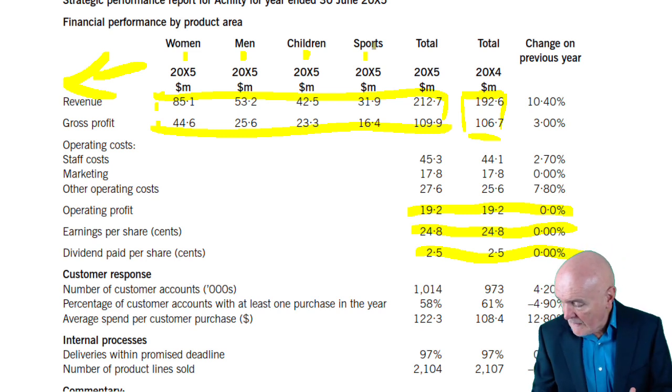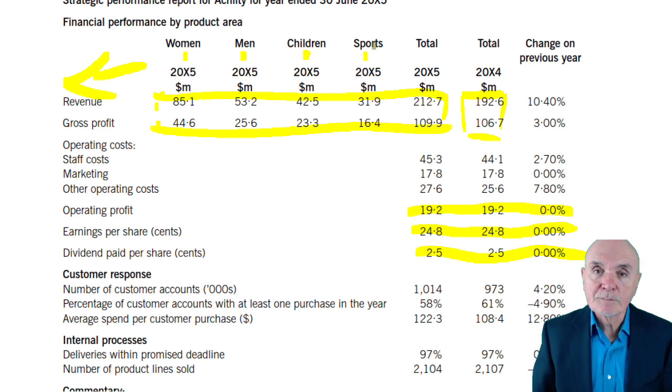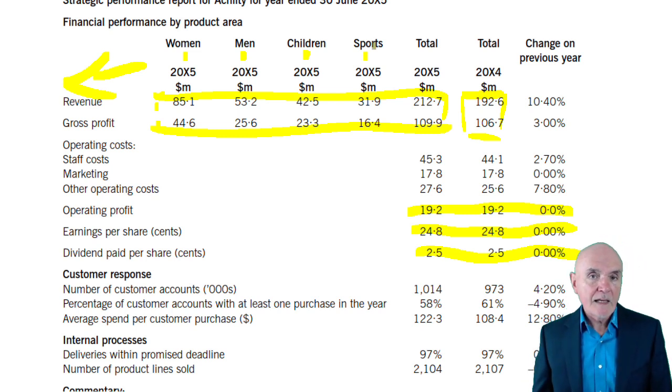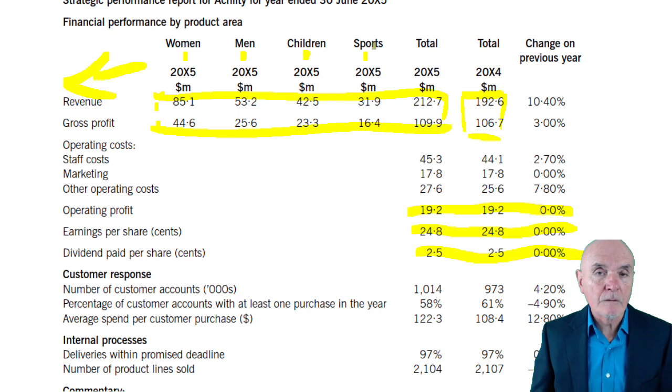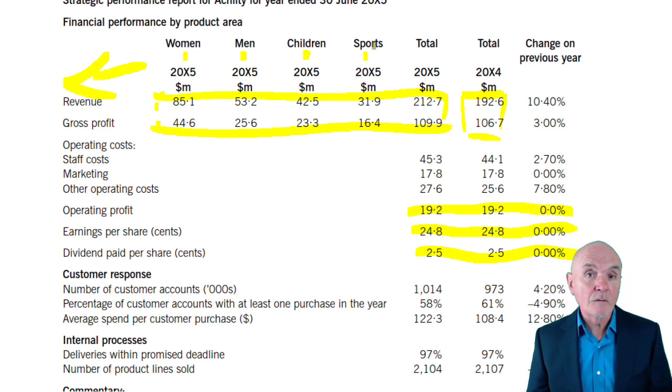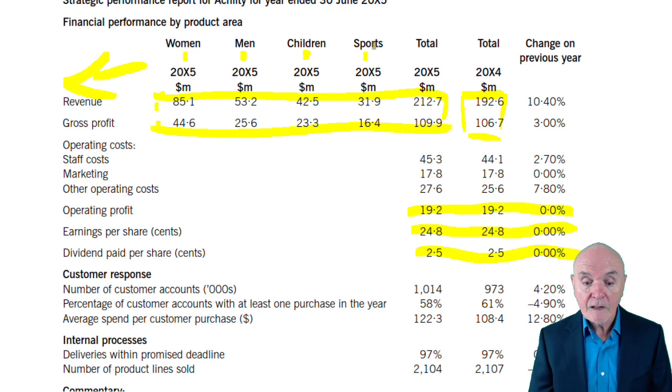I suppose how keen people are on certain sports goes up and down. How keen people are on certain fashions goes up and down. To some extent, according to the economic prosperity of the country, is a big driver in fashion.